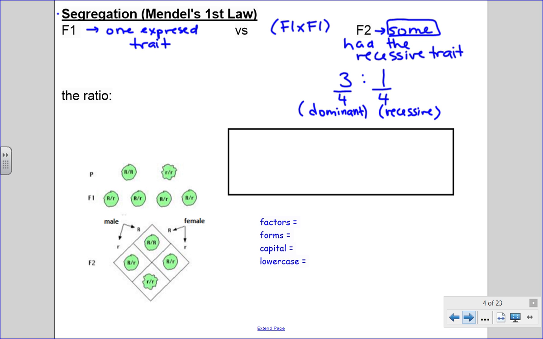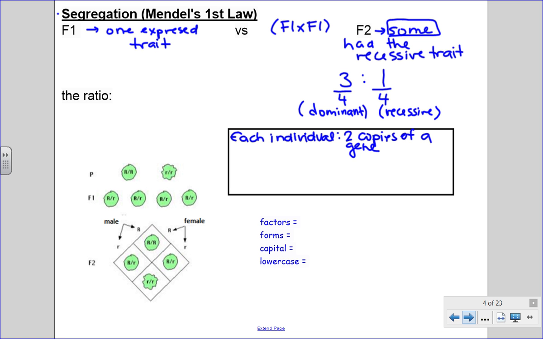Mendel's first law talks about genes or alleles being distributed completely randomly during the production of gametes. So his law says that each individual has 2 copies of a gene.